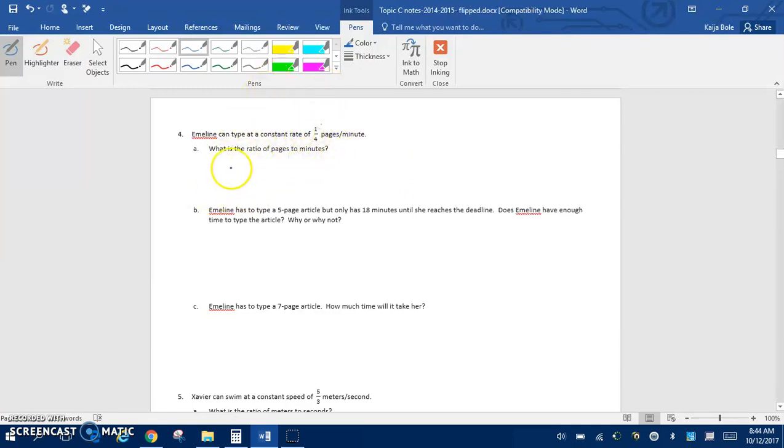From up above, pages was 1 and minutes was 4, so the ratio is 1 to 4. Part B is asking, Emmeline has to type a 5-page article but only has 18 minutes until she reaches the deadline. Does she have enough time to type the article? Why or why not? Let's try using a double number line here. So we're going to draw our double number line first.